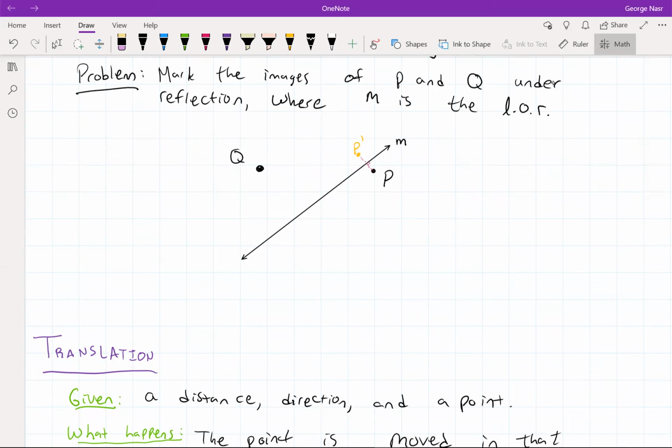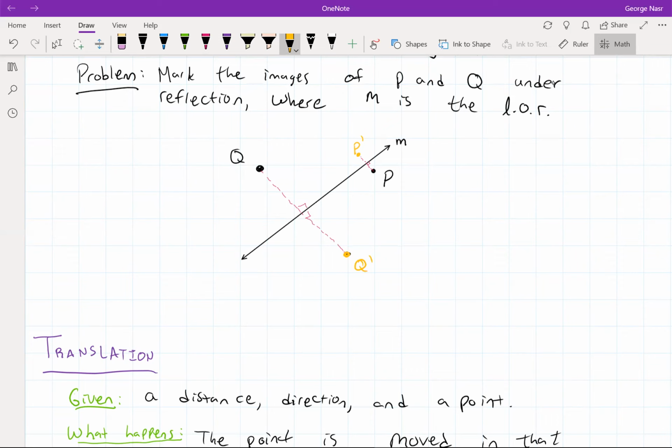So that should look about right to you. And now let's do the same for Q. So again, in this scenario, I don't need you to be too precise. Okay, so hopefully your picture looks something like that.